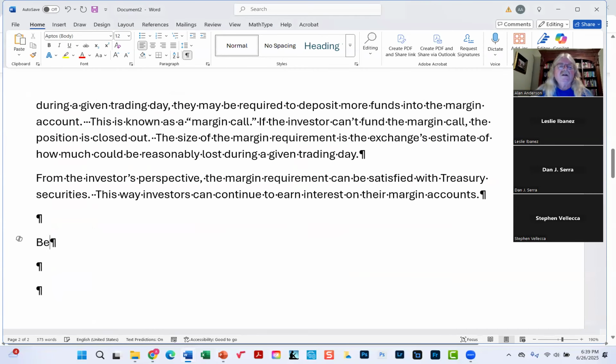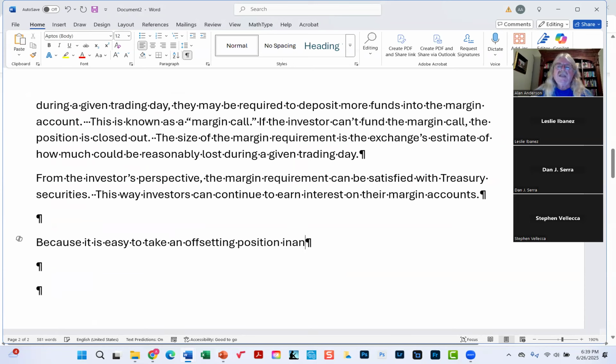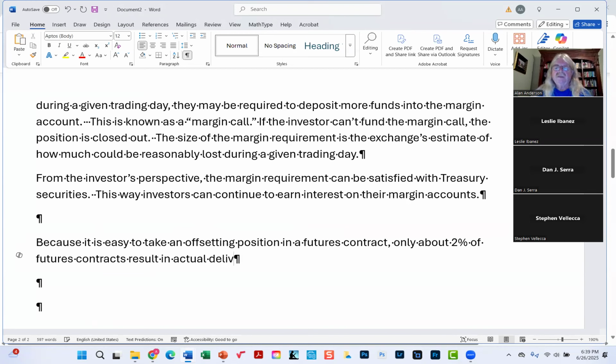Because it is easy to take an offsetting position in a futures contract, studies have shown that only something like 2% of all futures contracts result in actual delivery of the underlying asset.